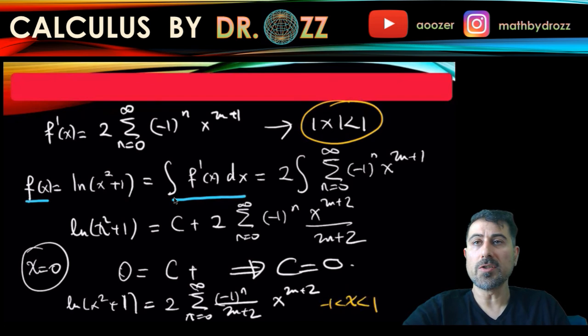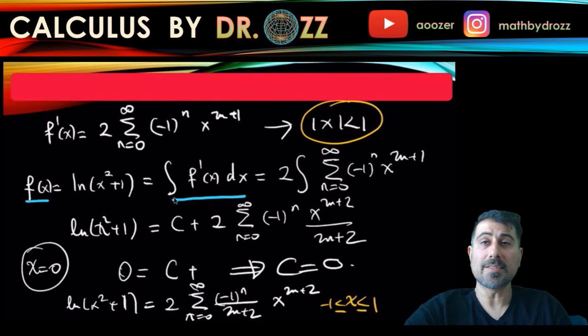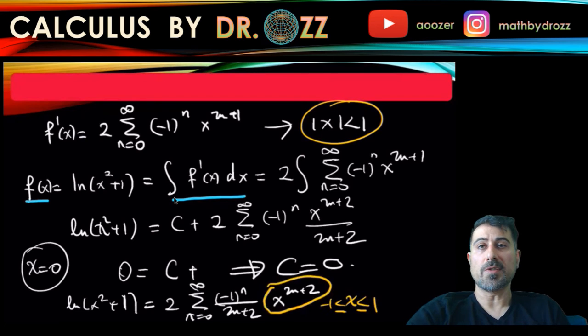But you have to convince yourself that you can add the equality signs here, because if you include the endpoints, this term here is going to be always 1 because it comes with an even power, and it's an alternating series for both negative 1 and 1. You can use the alternating series test with a_n being 1 over 2n plus 2.